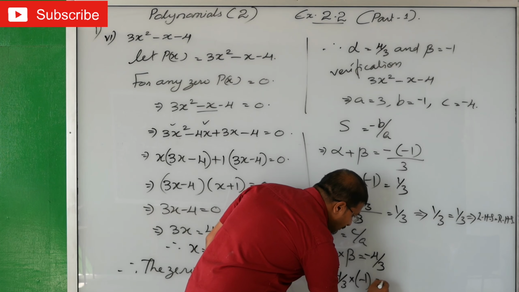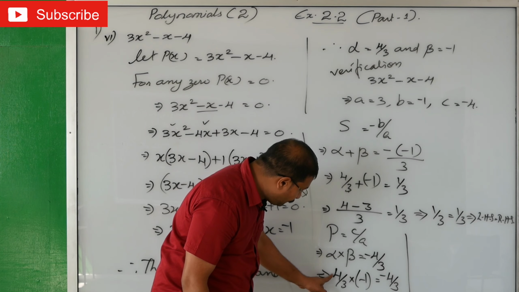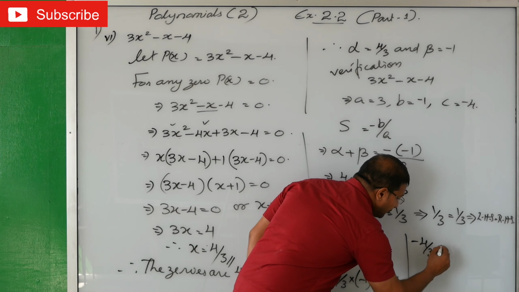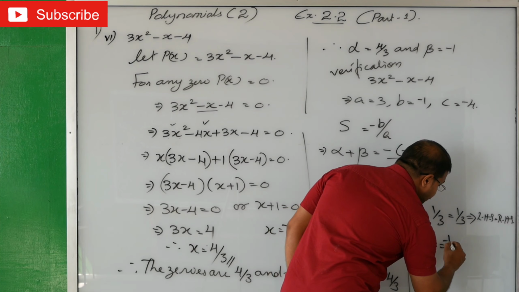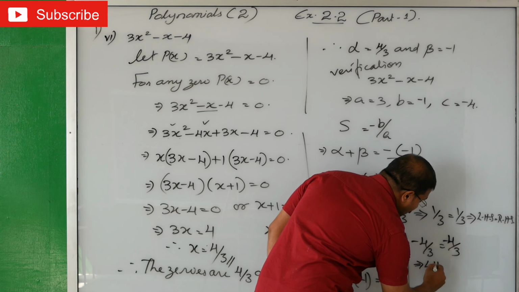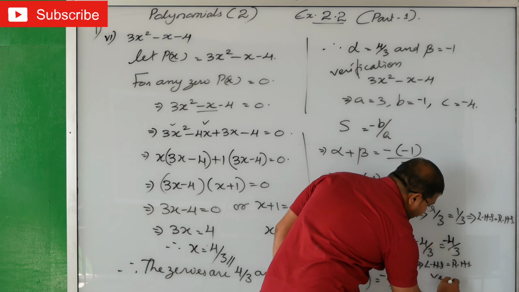Minus 1 equals minus 4 by 3. See? Now, 4 into minus 1 will get minus 4 by 3, equals, this side is already minus 4 by 3. That implies LHS equals RHS. That means what you will say? Verified.